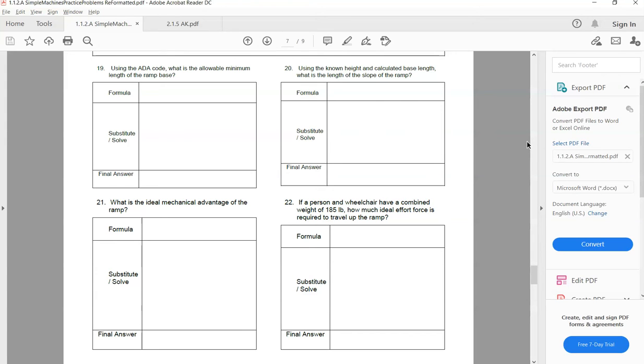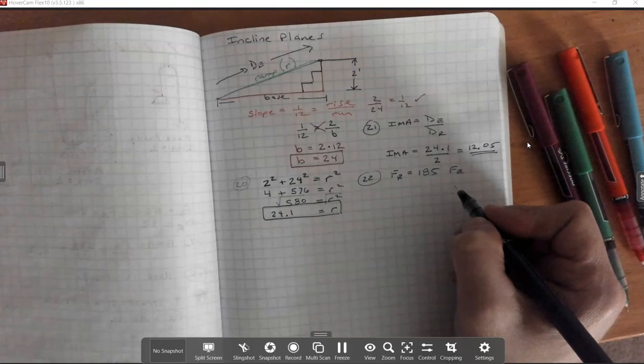22 says, if a person in a wheelchair have a combined weight of 185 pounds, so that would be the resistance that we're trying to move, that total weight of 185 pounds. It says, how much ideal effort force is required to go up the ramp? Again, this is how much ideal effort force. So they're giving us permission here, right?